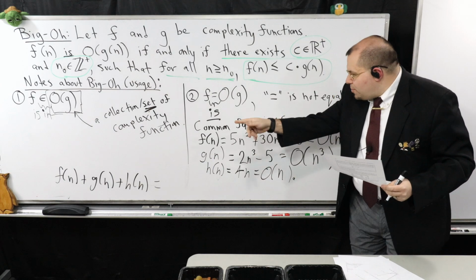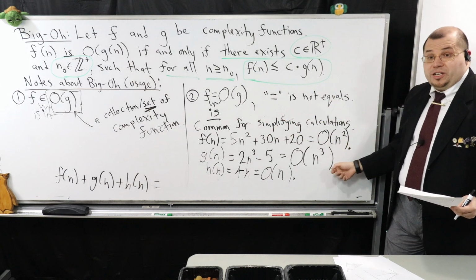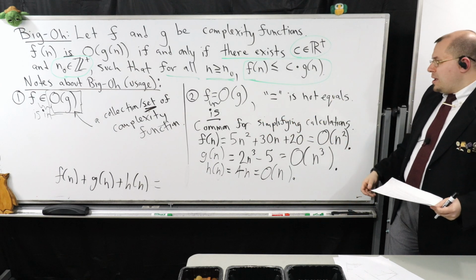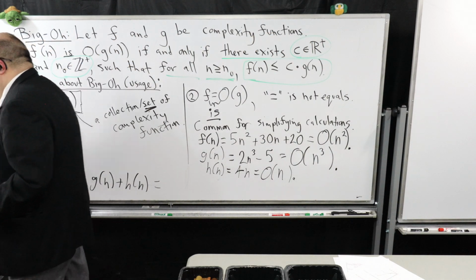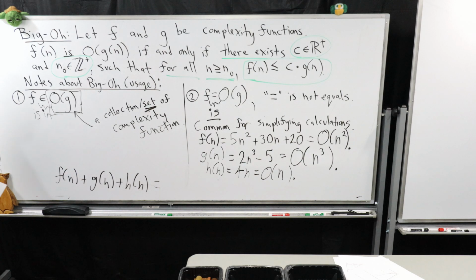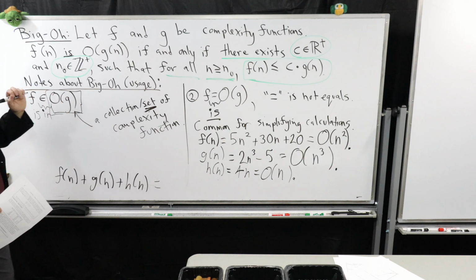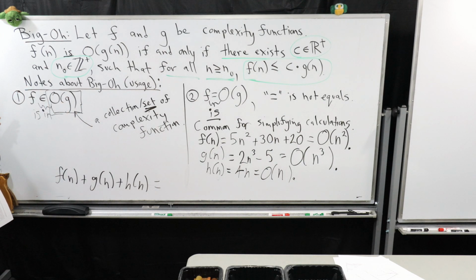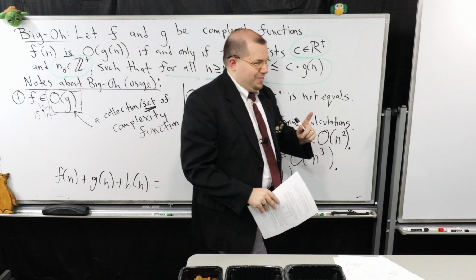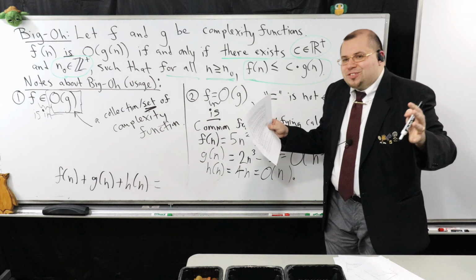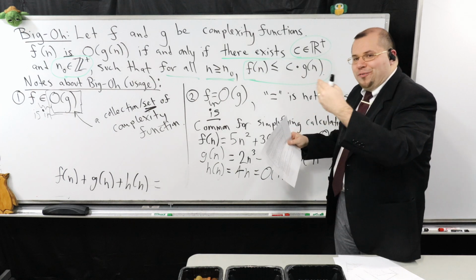I figured out the big O for each one, right? So I'm going to substitute in f, g, and h all with those big O notations. But the big thing I'm going to point out is that we always read it from left to right. It doesn't work when you read it right to left. It always subsumes or simplifies as we move to the right.